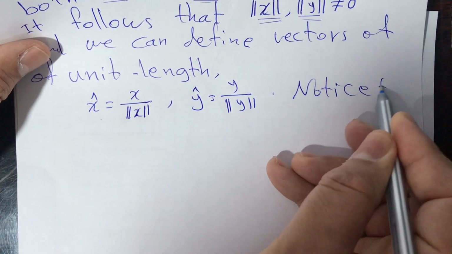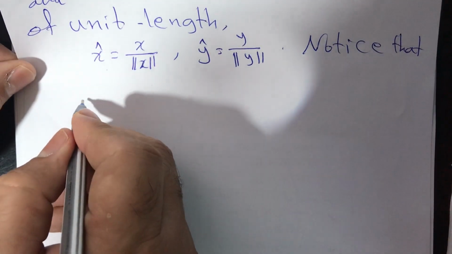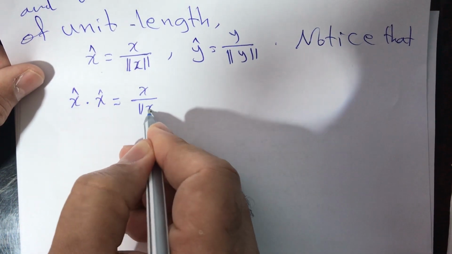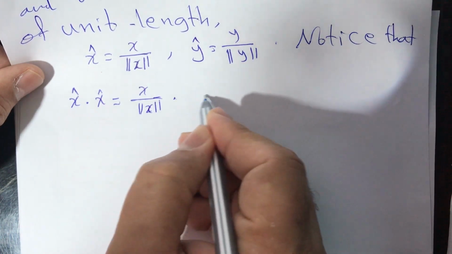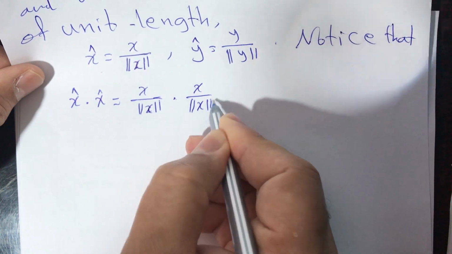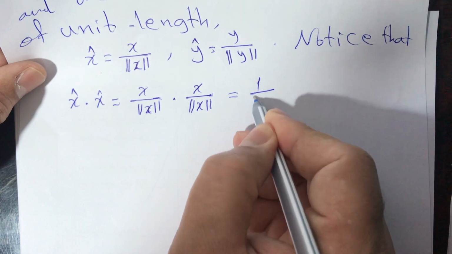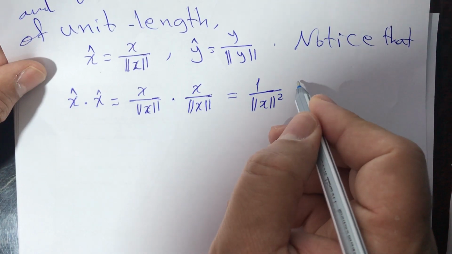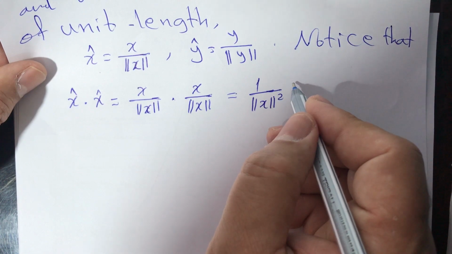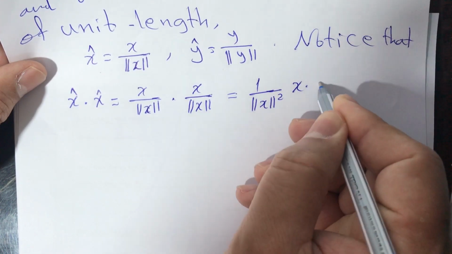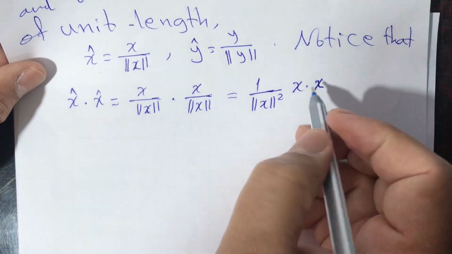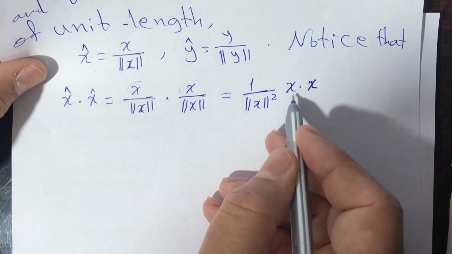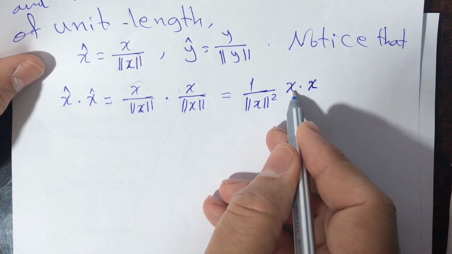Notice that x hat dot x hat is equal to x over norm x dot x over norm x, and this will be equal to 1 over norm x squared times x dot x, because this is still x here, and here x dot x, and this is by the definition of norm.